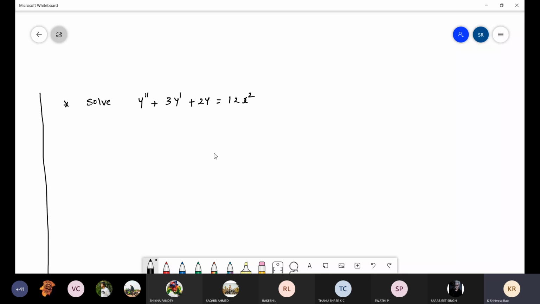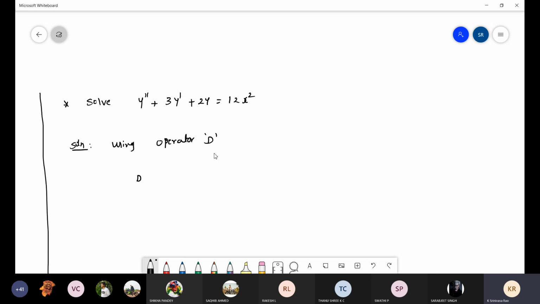Only one term in the RHS, even though it is a polynomial. Solution using operator D.